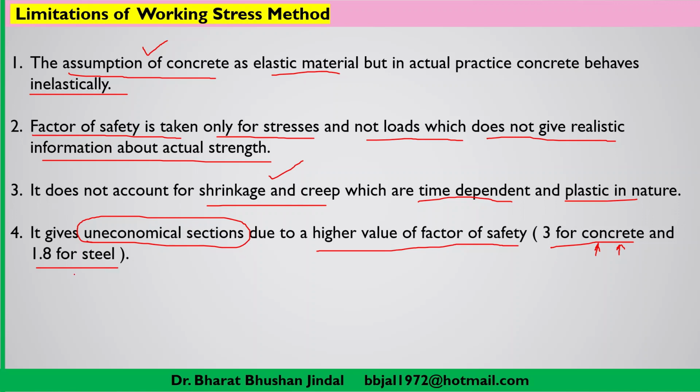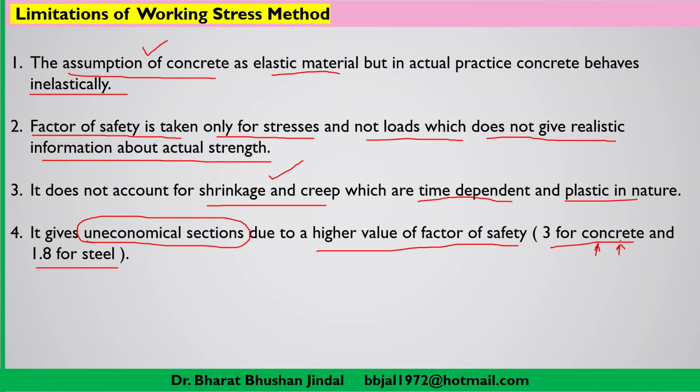But steel we can manufacture in the factory. In the factory we can control all the conditions, which means quality control parameters are more stringent in the case of factory-made products. So that's why we have taken a lesser factor of safety in the case of steel and a higher factor of safety in the case of concrete.